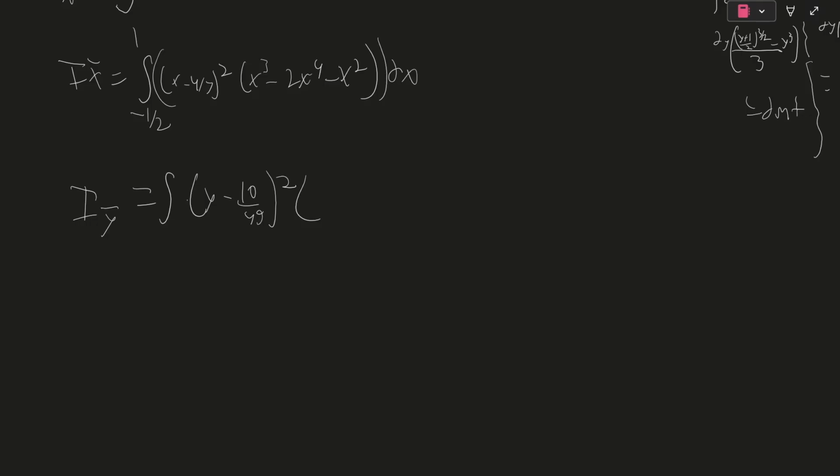And so in order to write our dm down, we're going to actually have to go ahead and separate our integral into 2 different bounds.